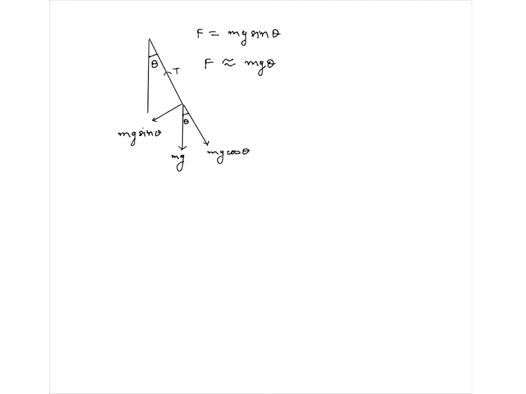Then you say that theta is x by L. Straight line and arc are almost similar because angle is very, very small. mg x by L, and this fellow is k. Now you can complete it on your own. T equal to 2 pi under root of m by k, and you will find the very same answer.